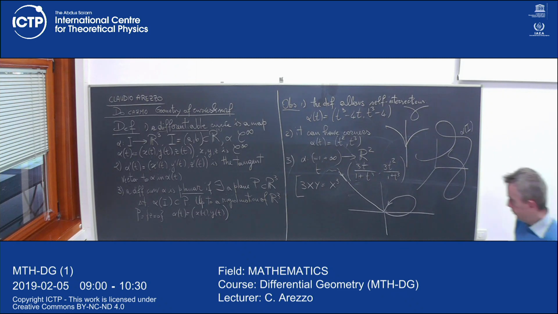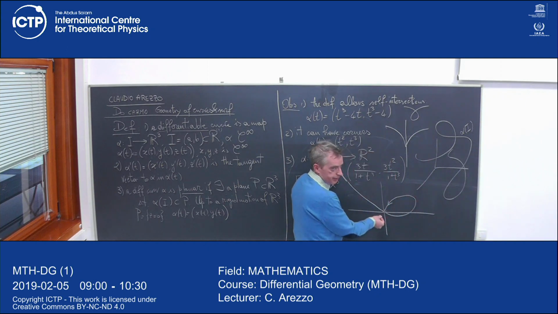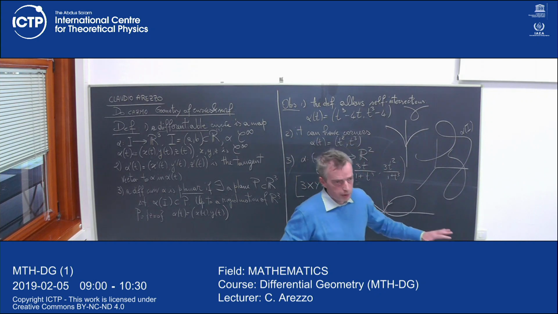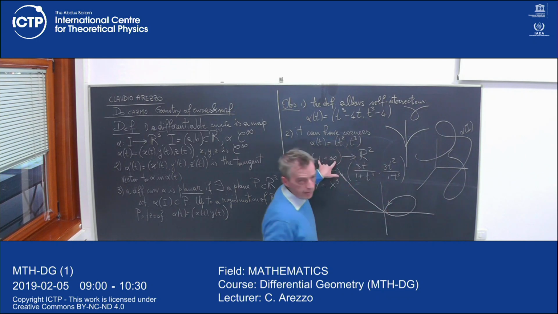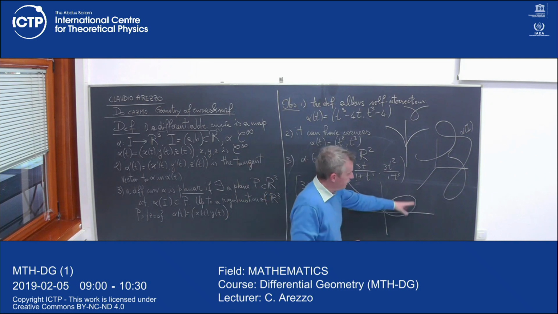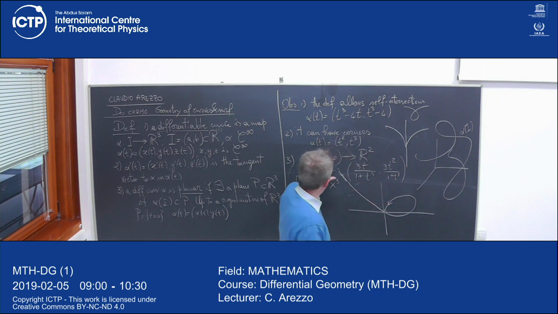Of course, the only strange thing happens here, so let's look around here at a neighborhood of this point in the image. Now we are comparing two topological spaces: the interval (-1, plus infinity) with the Euclidean topology, and alpha of I in R2 with the induced topology. We have nothing to say about the topology here; this is the Euclidean topology. And this point corresponds to 0, we know. The origin here corresponds to t equal to 0 via this map.